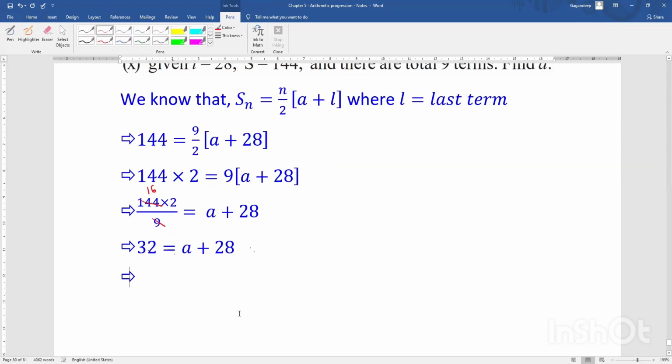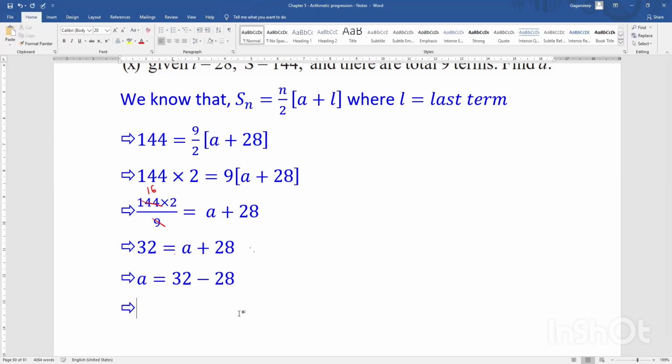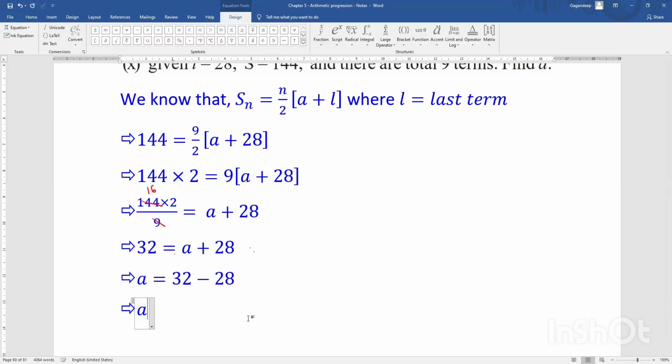Or we get a equals 32 minus 28. Or we get a equals 4.